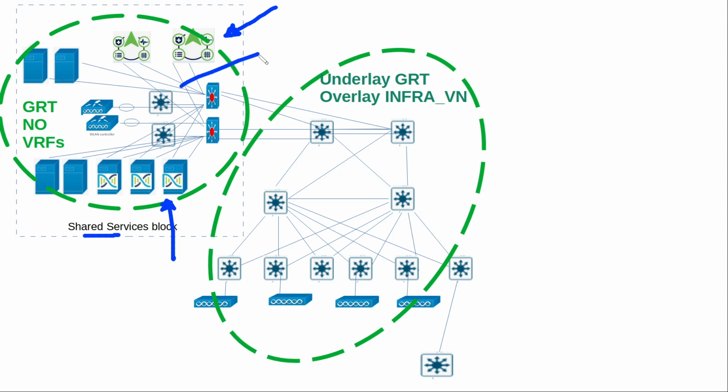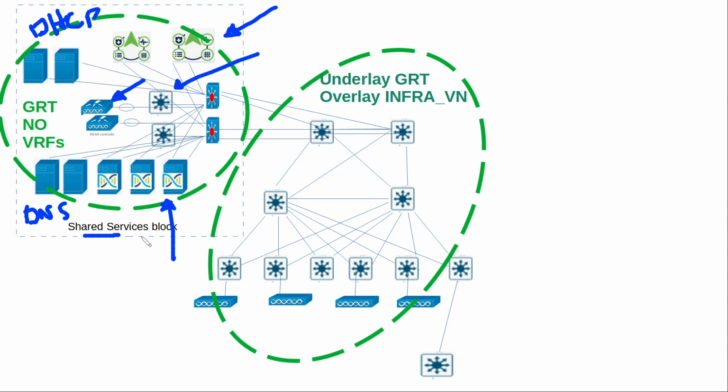The control plane nodes and the wireless LAN controllers are also installed in a shared services block or in an on-premise data center, and all the servers that I need in order to work with an enterprise network, such as a DNS server or my DHCP servers and many other servers, exist or are connected in the shared services block or in an on-premise data center. So all these servers are living outside the fabric.